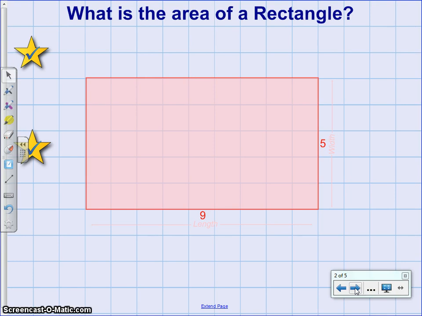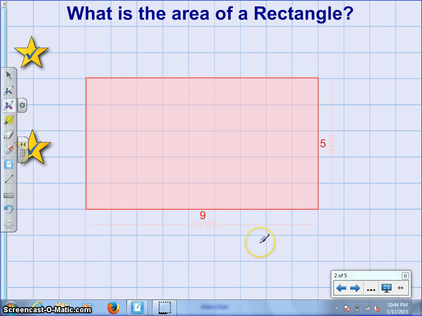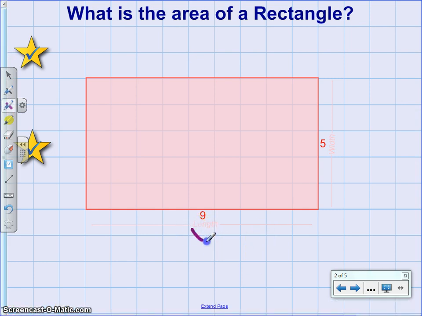And you could easily find the area of this by counting the squares that are inside this one, since it's drawn on graph paper and actually has the square units drawn for you, or if you remember, by multiplying the length times the width. And that's actually a lot quicker now that we've gotten into a lot of multiplication, and I can just do 9 times 5, and that's again 45.